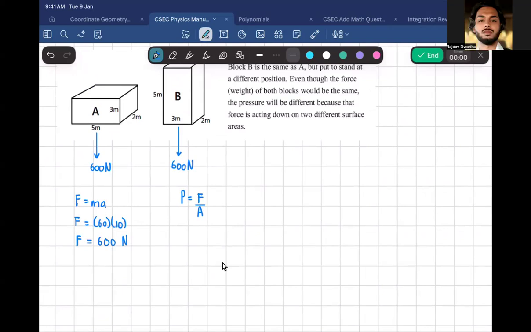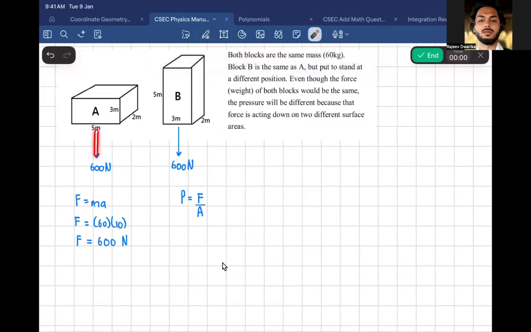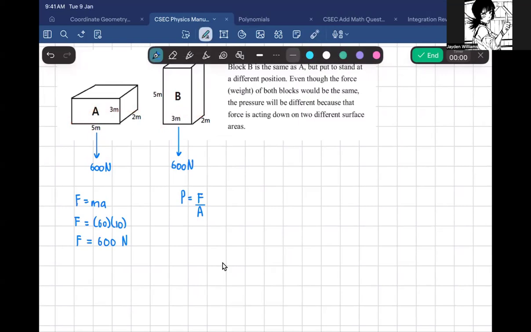Because force is mass times acceleration, right? Both of them have the same mass, so it's going to have the same force. So as you can see, both of these blocks are pushing down with a force of 600 newtons. The only difference, Jadon, is that the area for this one is more or less compared to this one? More. So the only difference here is area.